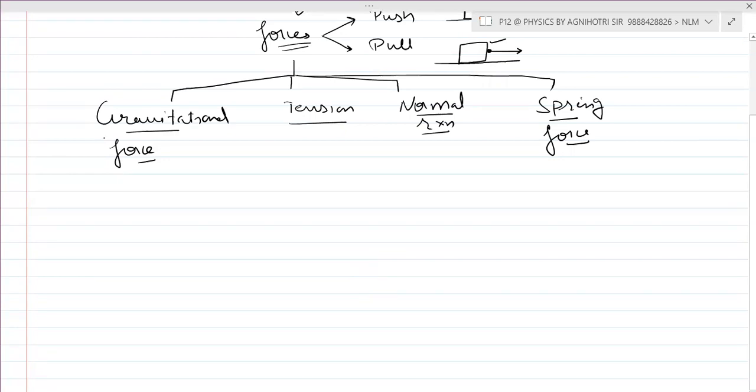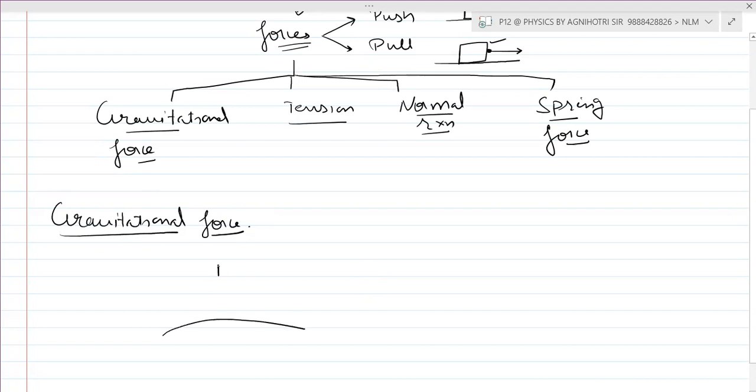It's very simple. Okay, now let me tell you, if you are talking about the gravitational force, what does it mean, dear? It means the very first point, a very familiar point, you all are aware of that too.